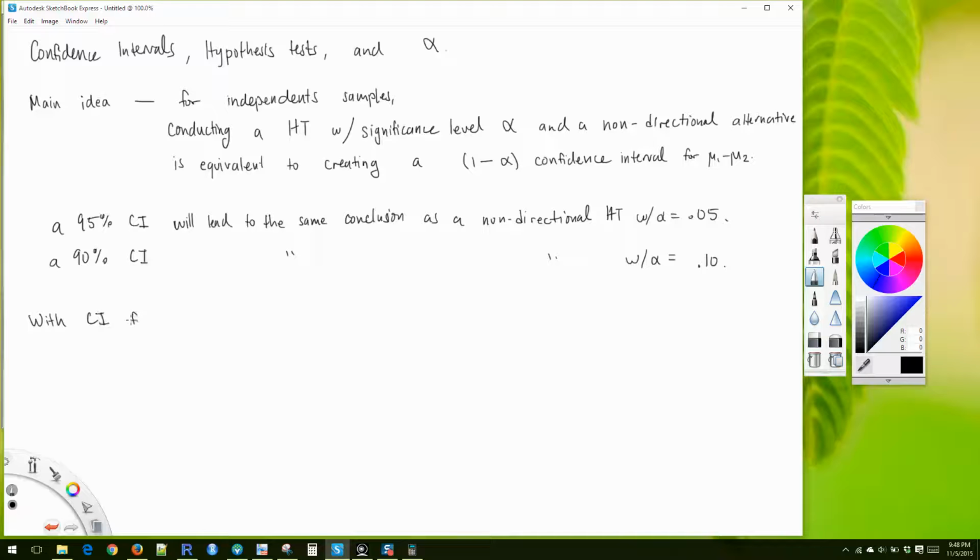With a confidence interval for mu1 minus mu2, we said there is evidence of a difference between mu1 and mu2 if our interval had what property?